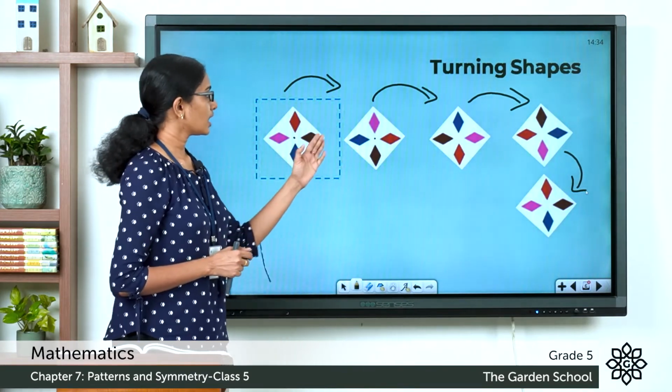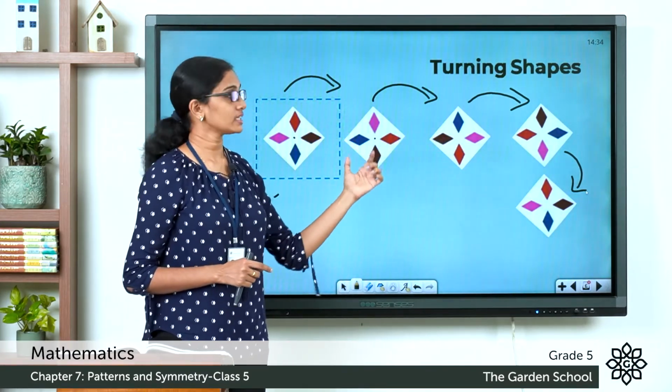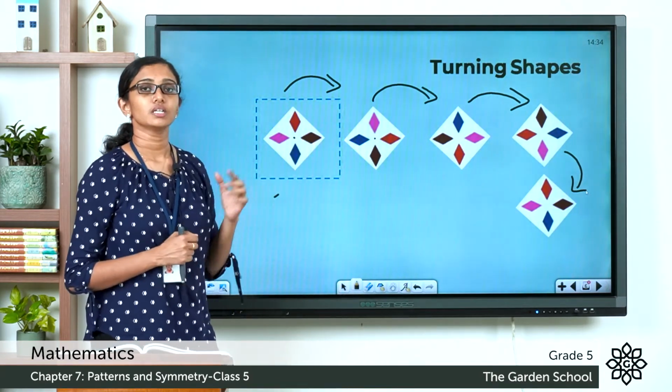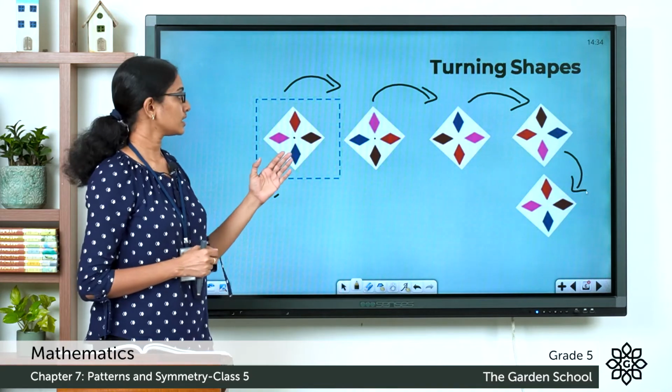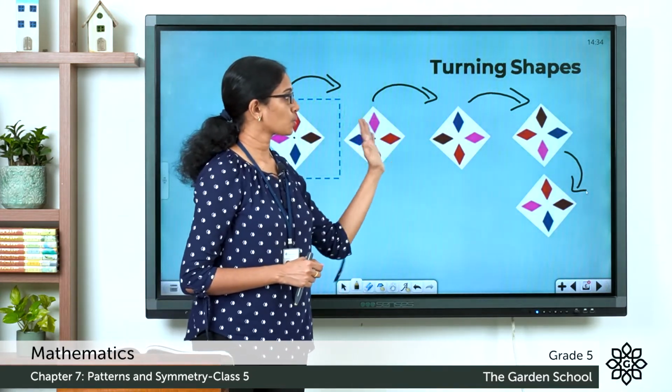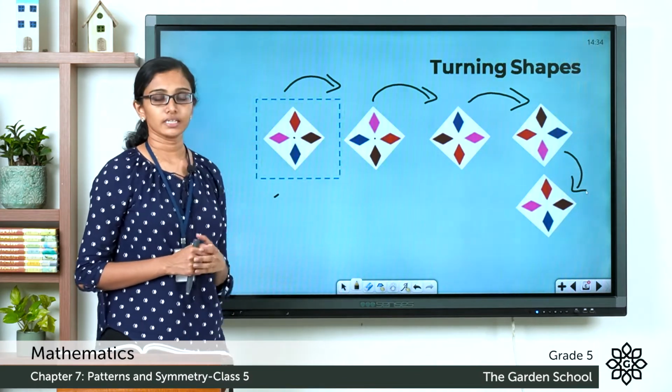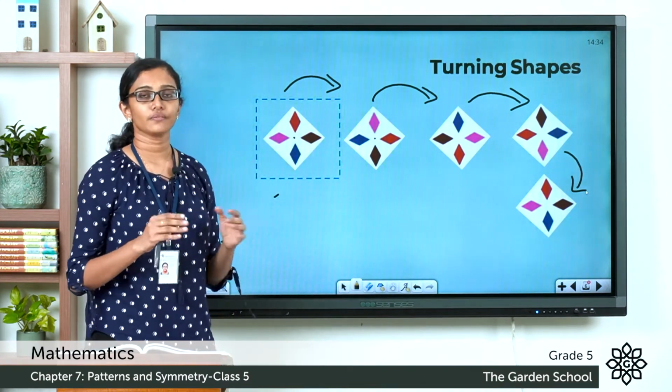Now, see how many turns were needed for this image to come back to its original shape. We turned this image 1, 2, 3, 4 times. So, after 4 turns, it looked the same as the first image.